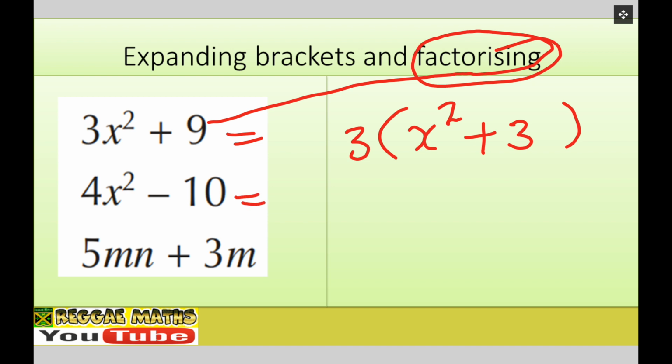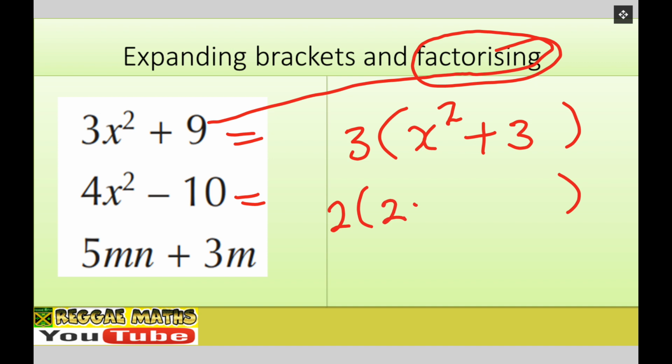Moving on to the next one, right? What's the highest common factor that can go into 4x squared and 10? It's going to be 2, 2 can go into 4, 2 can go into 10. So what do I need to multiply by 2 to get 4x squared?